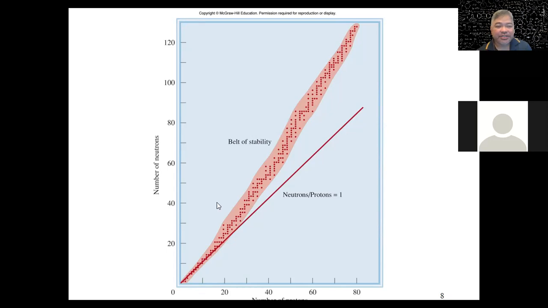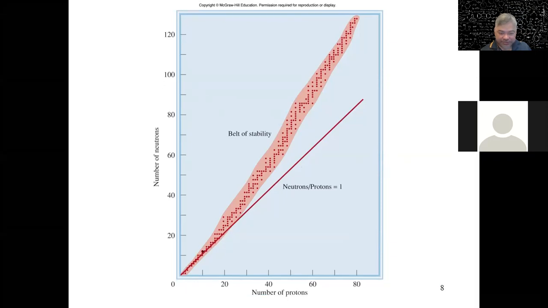However, lighter nuclides are usually stable, when the Z is equal to the N, or you have an N over P ratio equal to 1. So you have here 20 and you have 20. So if you look at the 1:1 ratio of the neutron and proton, this is it. But as you could see, at heavier nuclei, the belt of stability increases.